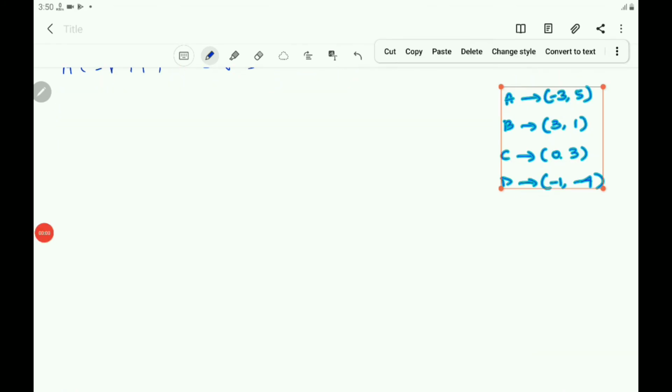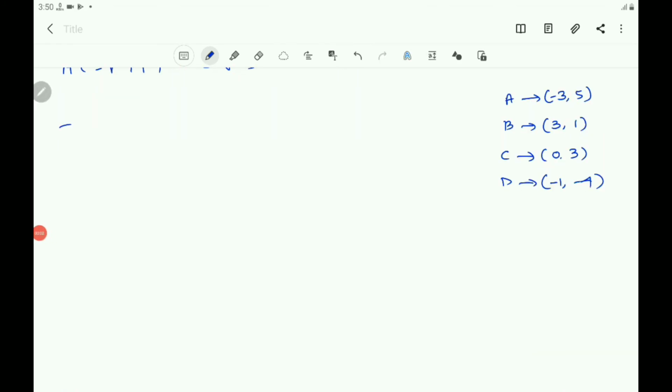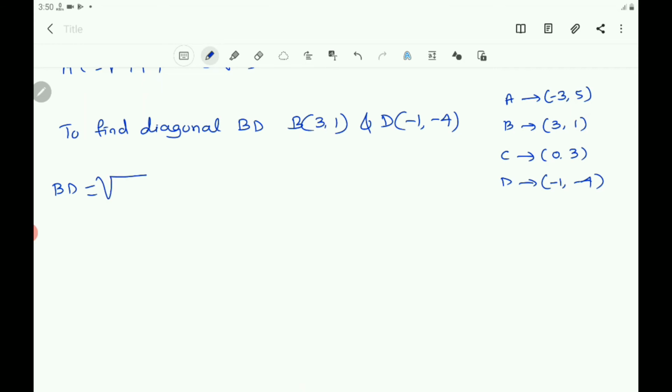Then to find diagonal BD, B is a point with coordinates 3, 1, and D is a point with coordinates minus 1, minus 4. Then you write BD equals square root of x2 minus x1 whole square plus y2 minus y1 whole square.